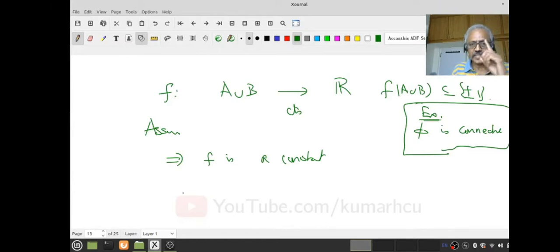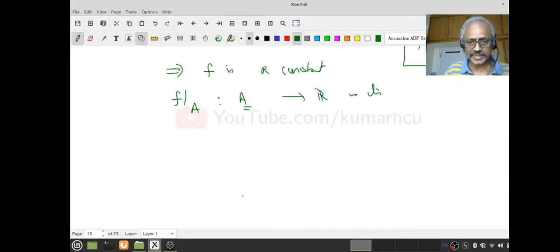Now let me use the first fact about subspace topology. Since F is continuous from A union B to R, the restriction of F to A is continuous. And what do I know about A? A is connected.